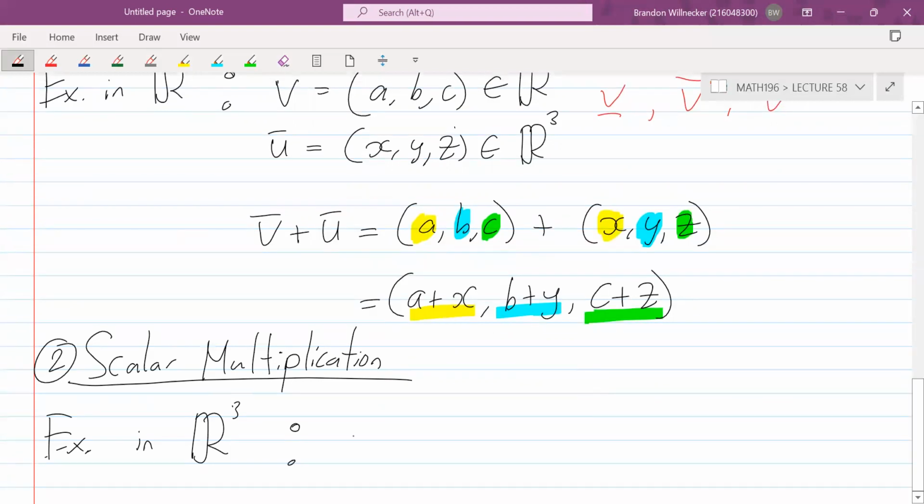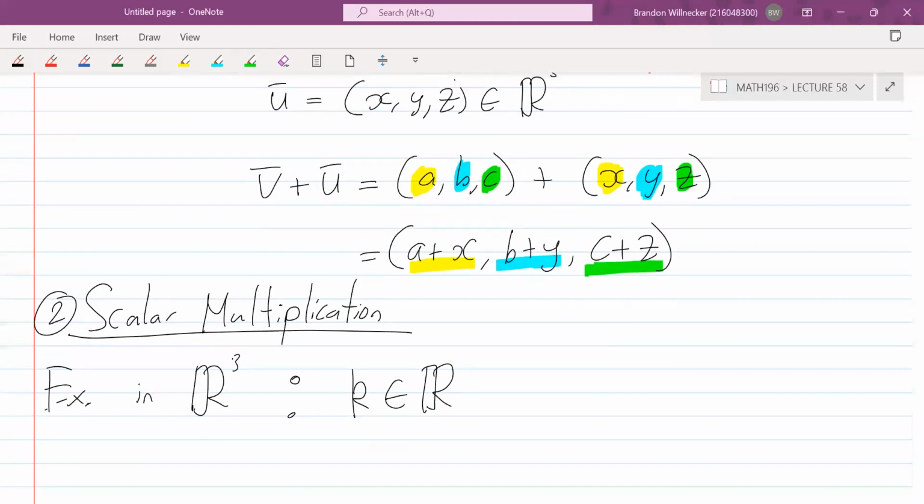We're going to take a scalar, let's call it K, which is just any real number, exactly the same as with matrices. You can multiply a matrix by any real number, and we can also multiply a vector by any real number. So we've got our scalar and a vector, let's say (X, Y, Z) from R3.